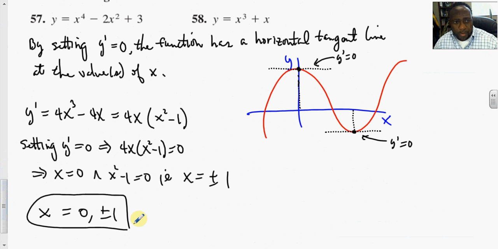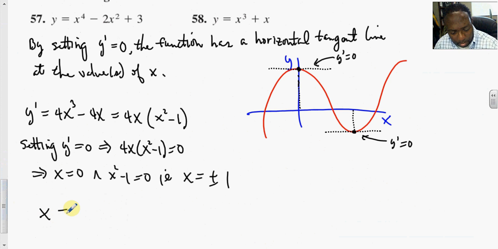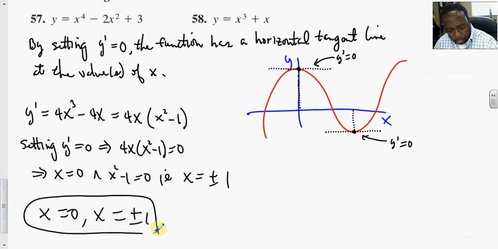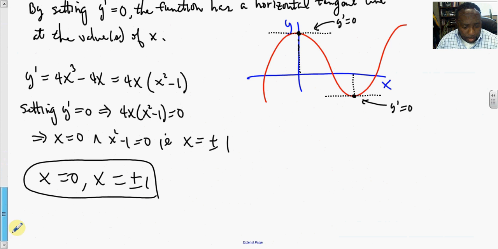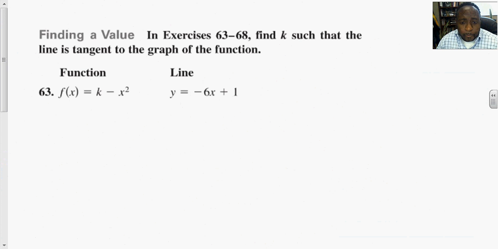That's not a good way of writing that. How about that? Find k such that the line is tangent to the graph of the function.